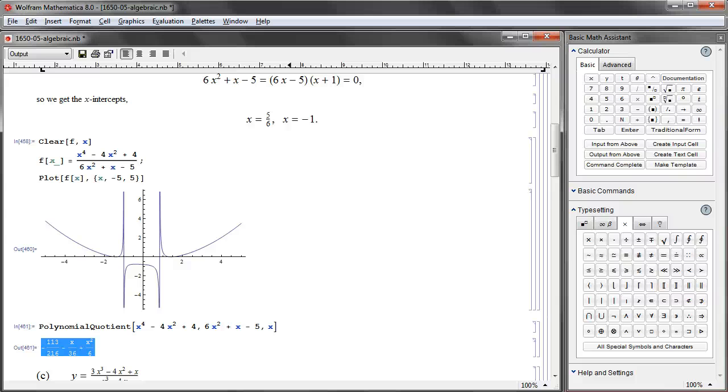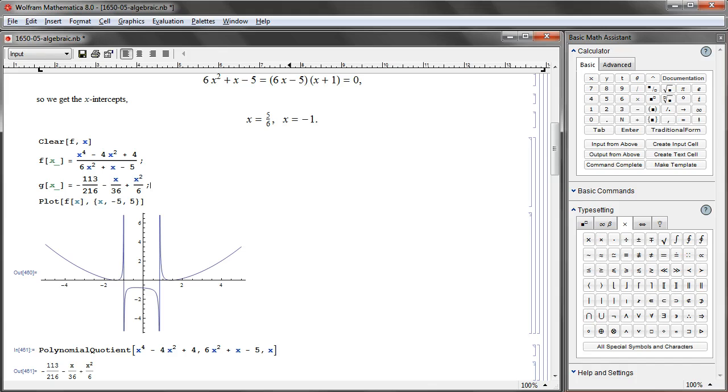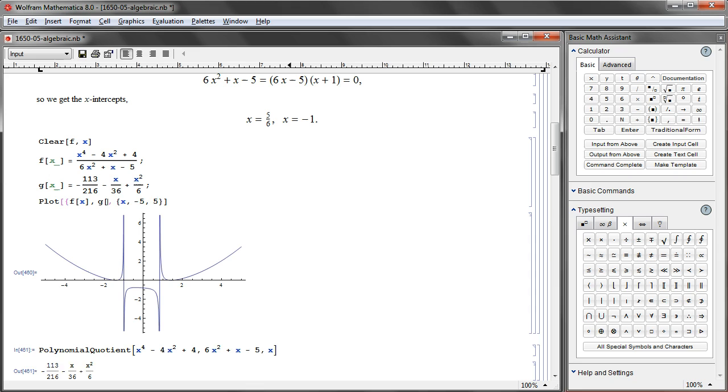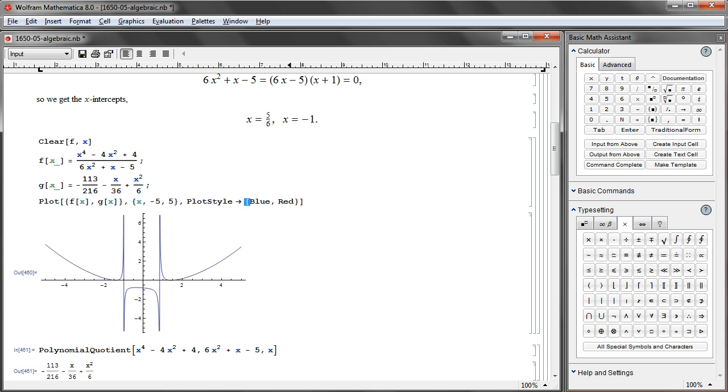If I plot these two functions together, we have asymptotic behavior. Even though the red curve is not a line, we can still have asymptotic behavior.